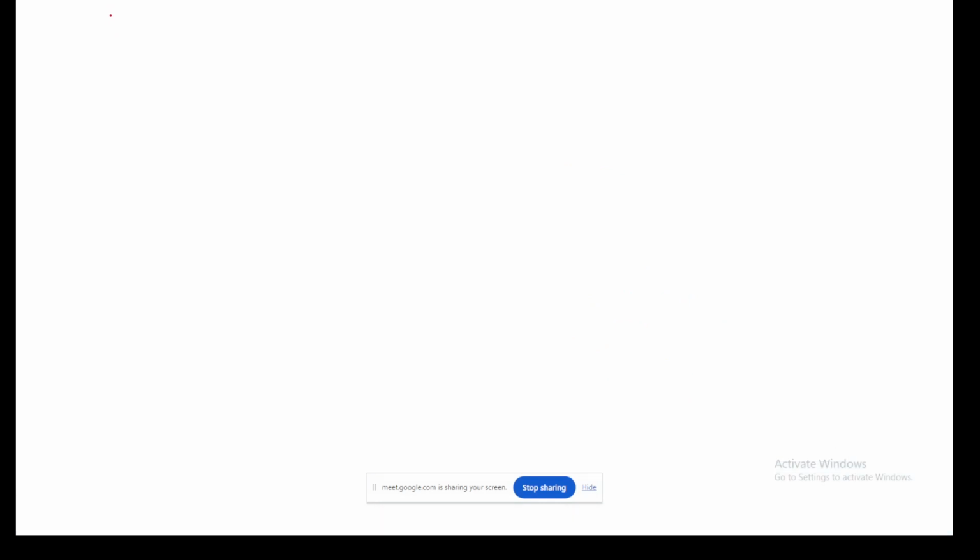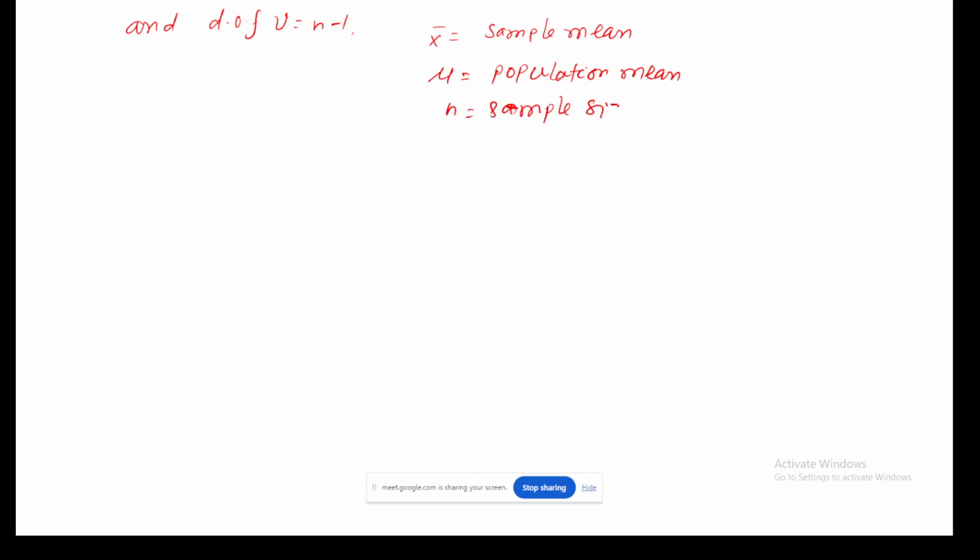Okay, and degree of freedom nu is equal to n minus 1, where x bar is the sample mean, mu is the population mean, n is the sample size, and s is the sample standard deviation.